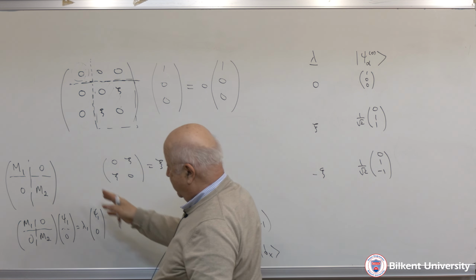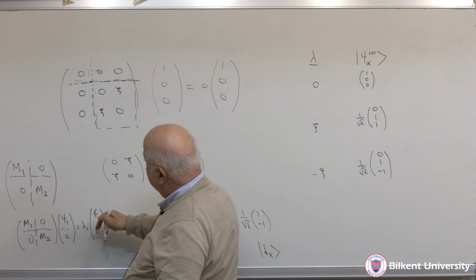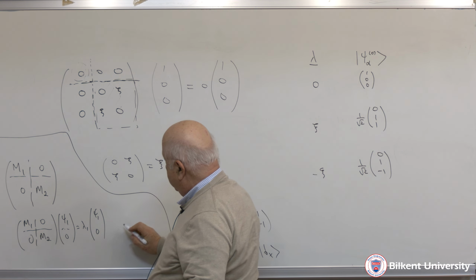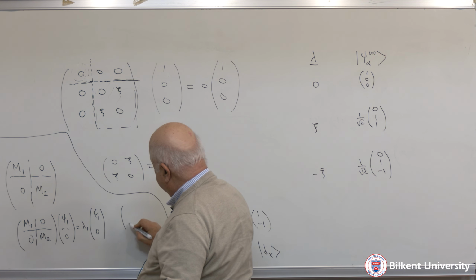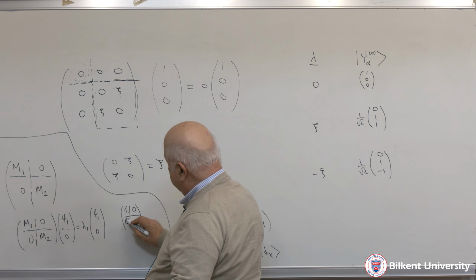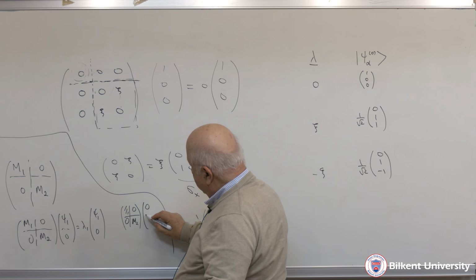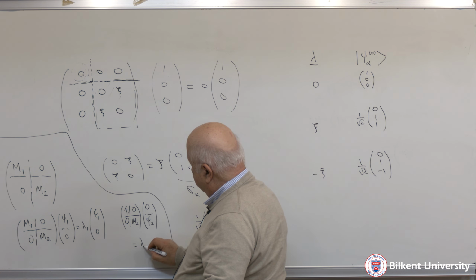So that takes care of that part. Then I can look at the eigenvectors of M2: I have something here which I don't care about, zeros, and M2, acting on 0, psi 2, which is equal to lambda 2 times 0, psi 2.